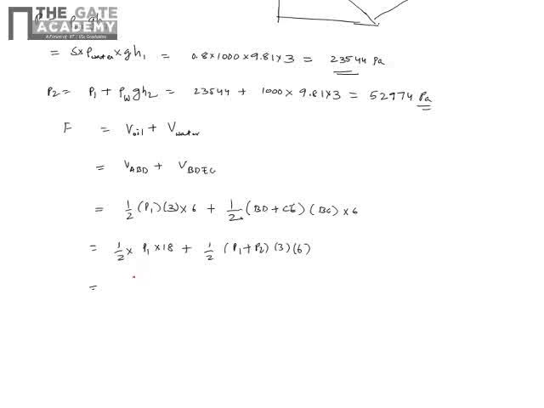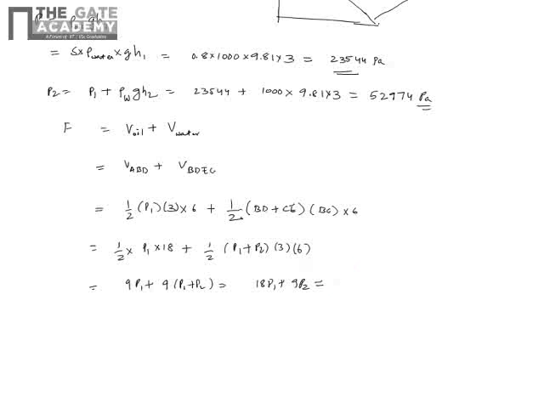So this comes out to be 9 P1 plus 9 (P1 plus P2). This comes out closer to 18 P1 plus 9 P2.